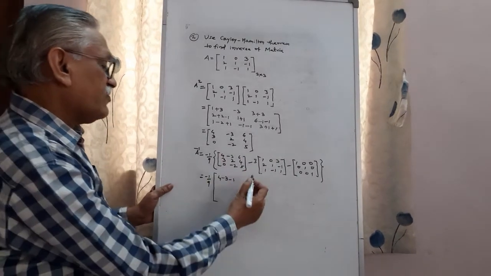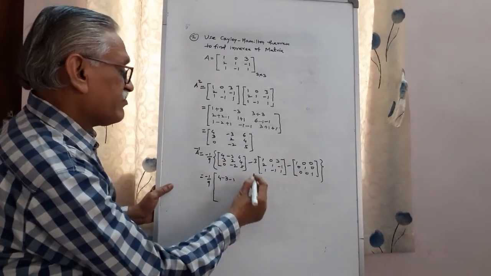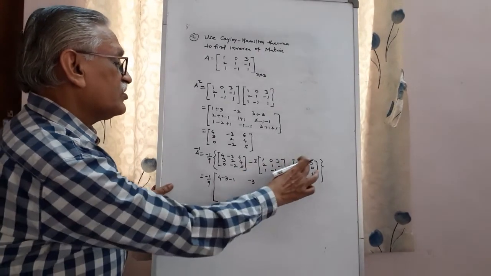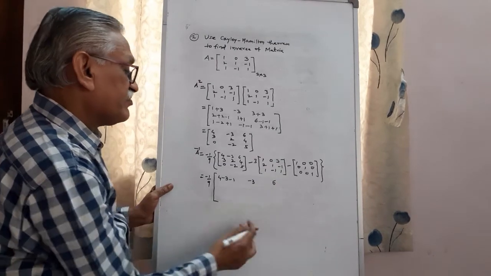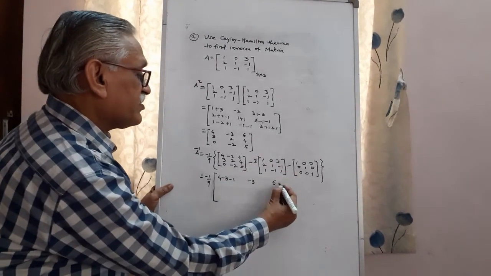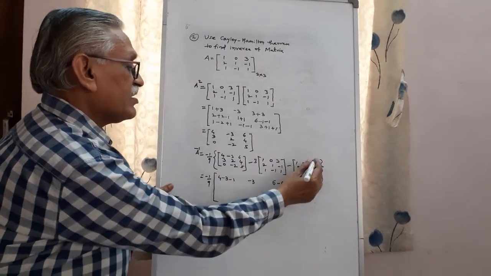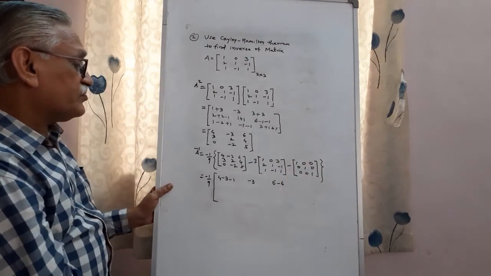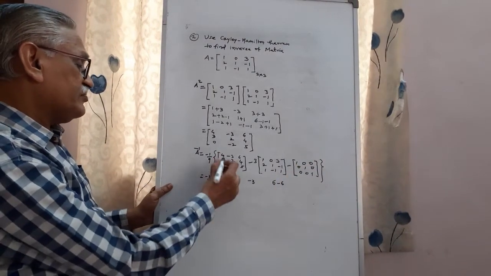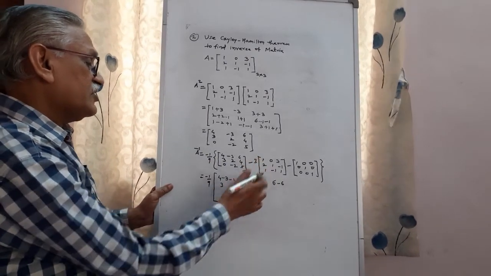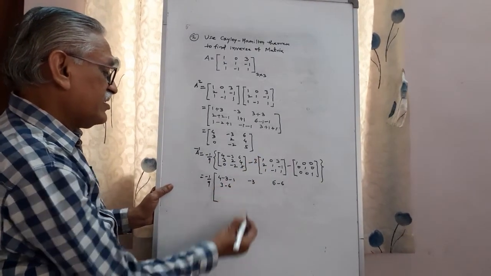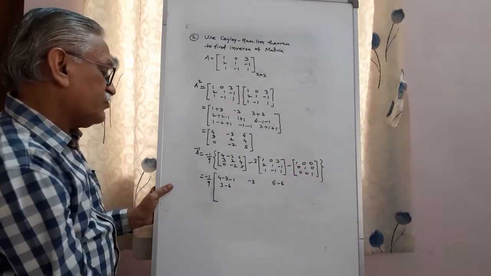Then the second one is minus 3, 0, 0. Then the third one is 6, minus 6 and 0. Then 3, 6, minus and 0.